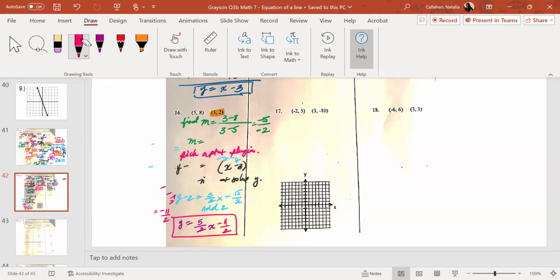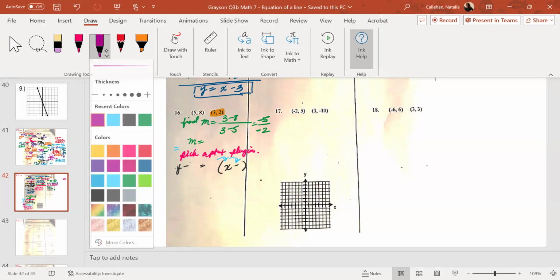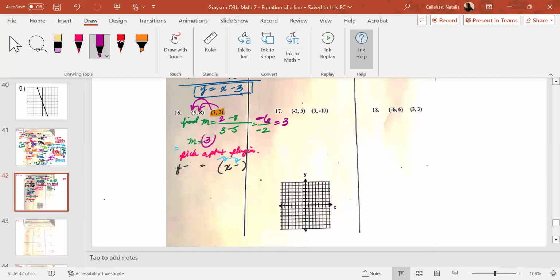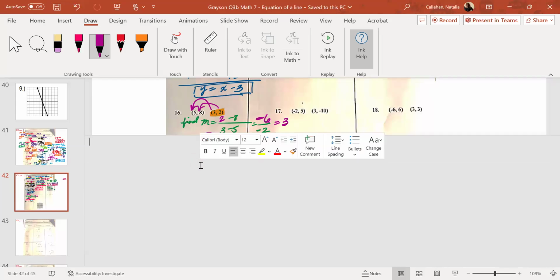All that work for nothing. Okay, all right, let's go back. So this is 2 minus 8, right? And then 3 minus 5. Minus 8 is negative 6. It's actually easier because then that'll give you a positive 3, right? So m equals 3.